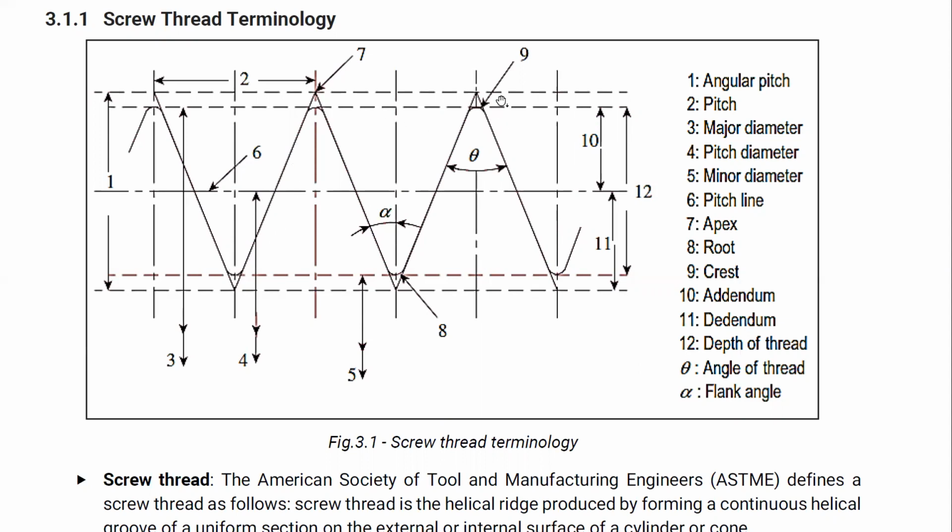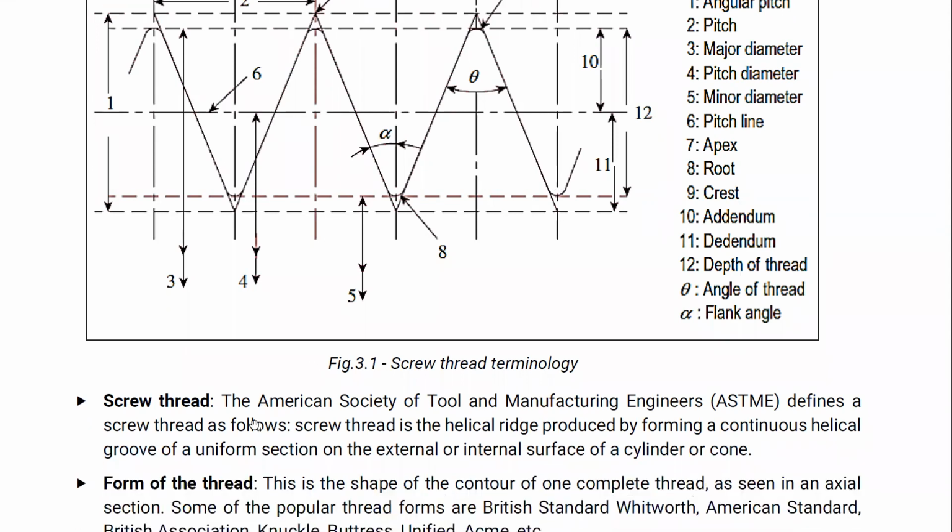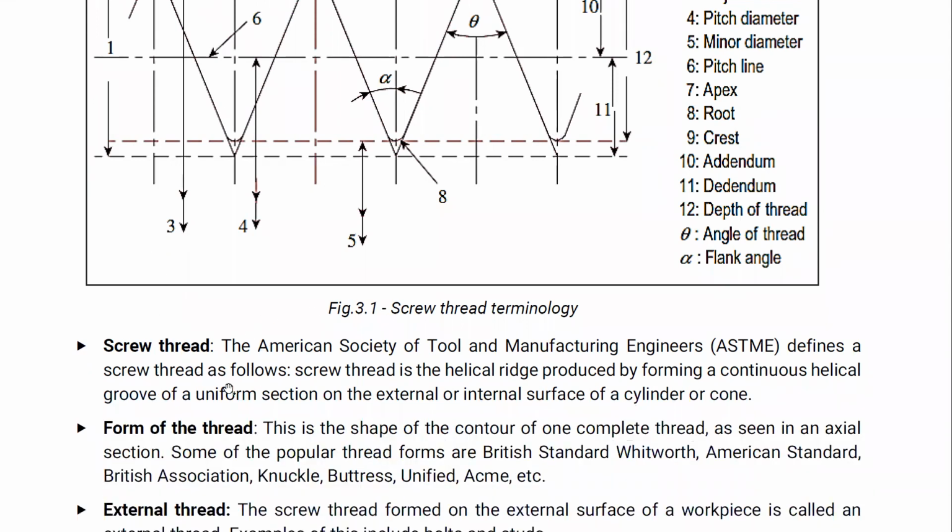But we have to keep in mind the major diameter and minor diameter. So the major diameter is over here to the curved part, and the minor diameter is over here to the bottom part, because there will be threads on both ends. Now the screw thread.